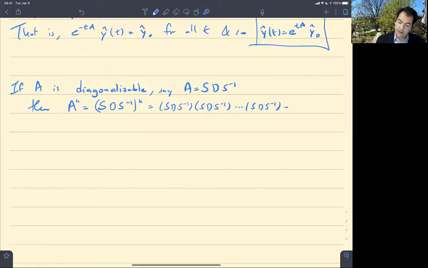And we're just left with S d to the k S inverse. So similarly, e to the ta would be just S e to the td S inverse.